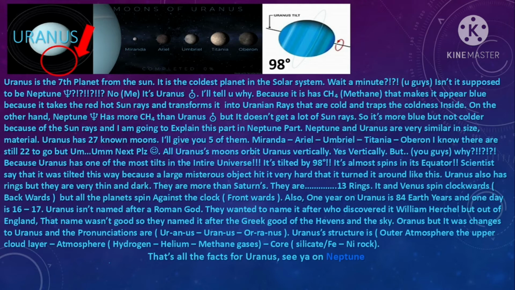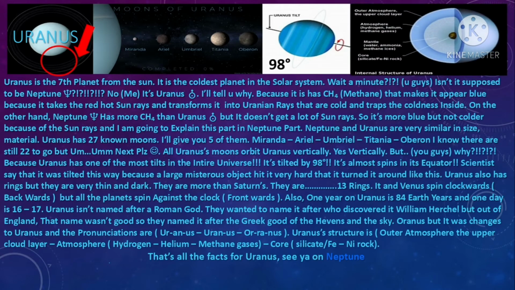Okay, Uranus's structure is the outer atmosphere, the upper cloud layer, the atmosphere of hydrogen, helium, methane gases, and the core of silicate, iron, nickel, rock. Okay, let's explain.